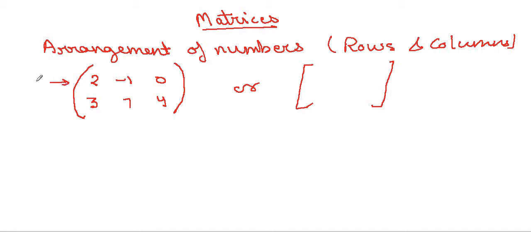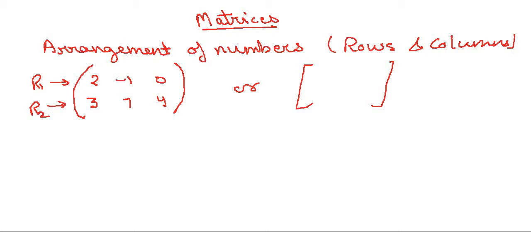So how many rows are there? 2 rows are there. This horizontal arrangement is called a row. So this is one row, and this is one row. So there are 2 rows.